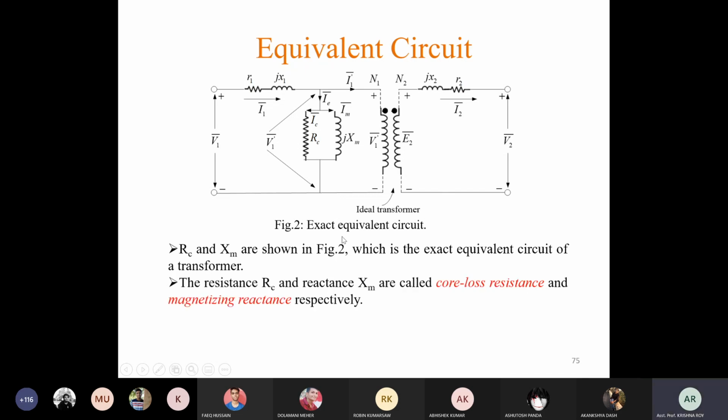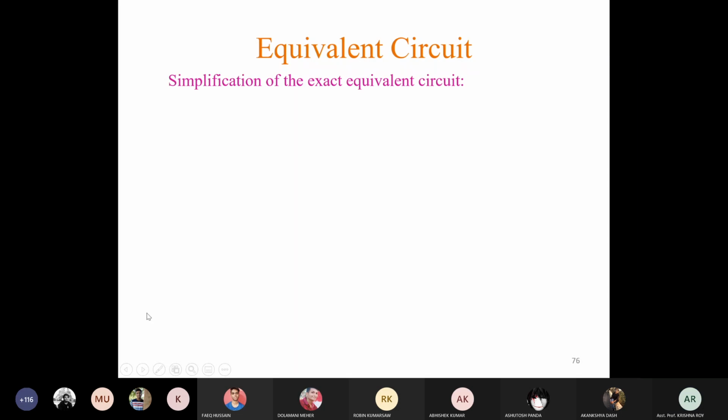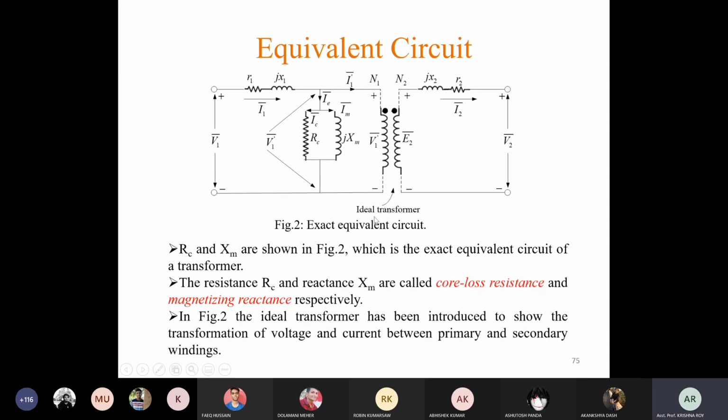Here RC is the core loss resistance, as I have already mentioned, and Xm is the magnetizing reactance, and the two windings N1 and N2 are there to show the transformation of voltage and currents between the primary and secondary windings. Okay, so that is all about this equivalent circuit. If you have any question up to this.